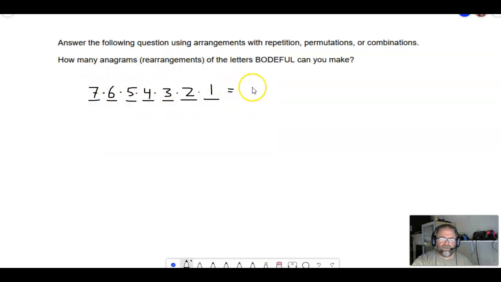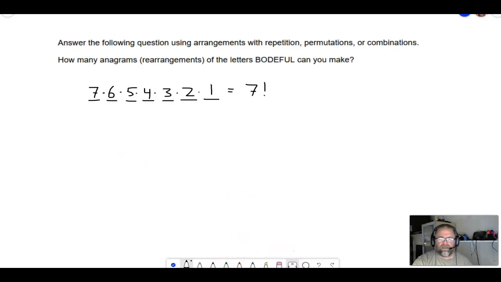This is equal to 7 factorial. If you put an exclamation point behind a number, that means you multiply that number by the number that's 1 less, and by the number that's 1 less than that, and so on until you get down to 1. So this is exactly, by definition, 7 factorial.